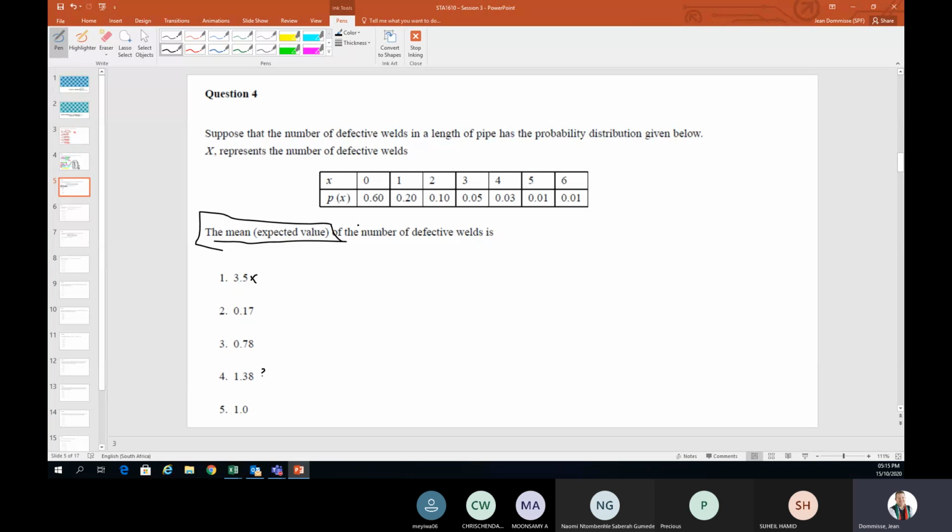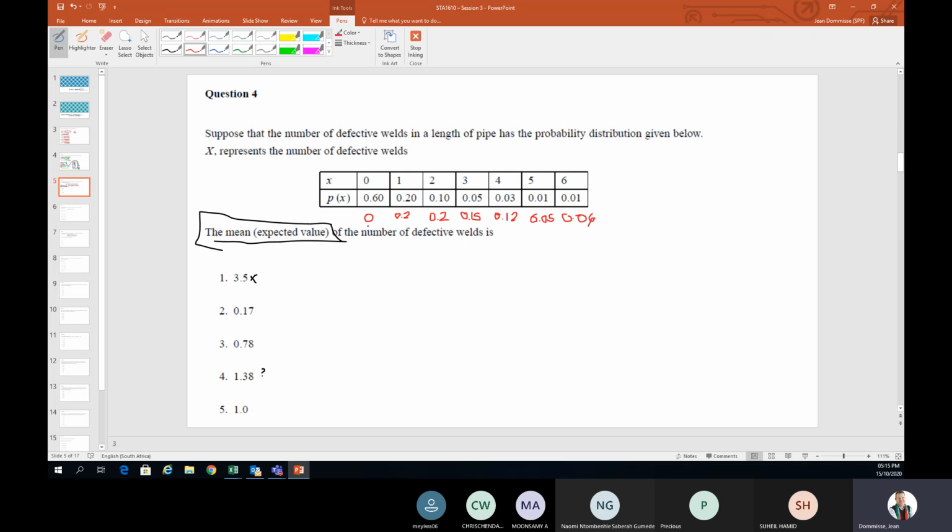So what I would do with this one is I would not go and write somewhere else. I would just use this table. So I would just automatically say that times that gives me 0, that times that gives me 0.2, that times that gives me 0.2, that times that gives me 0.15, that gives me 0.12, 0.05, 0.06.